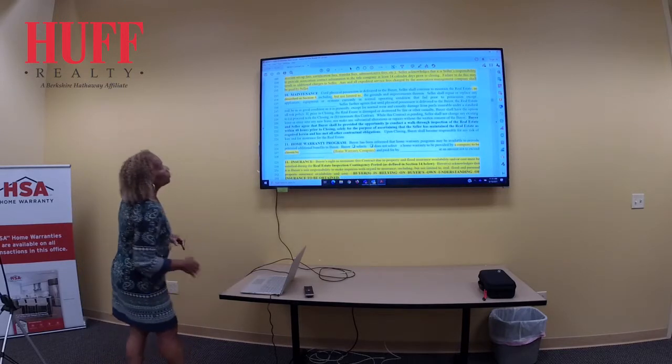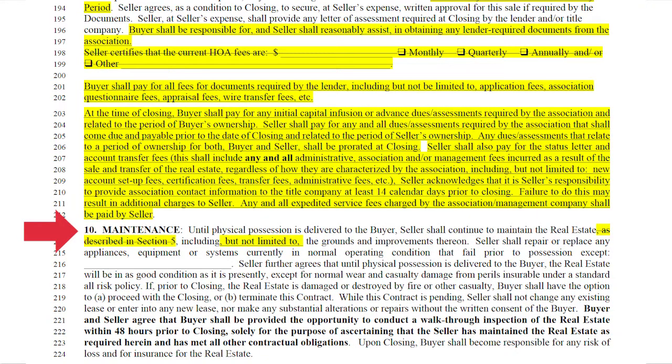Now this maintenance provision, I think, used to just relate to the house itself, the building itself. And now what they've done is they've said that the seller's obligation to maintain is the property. It's not just the house.